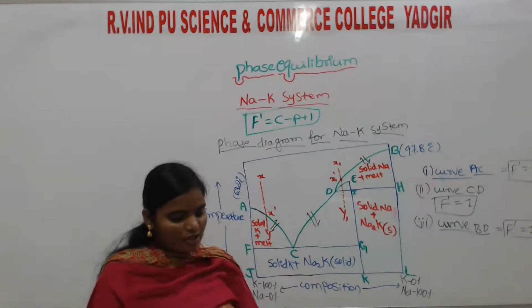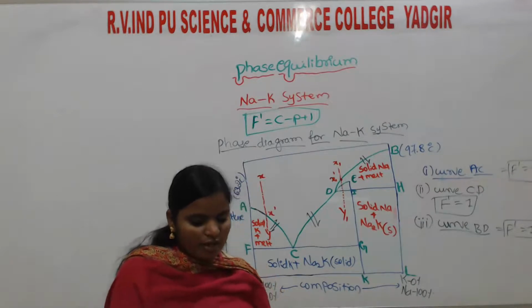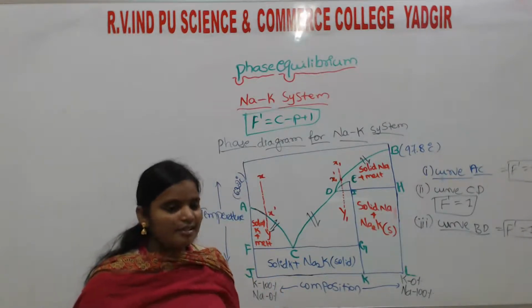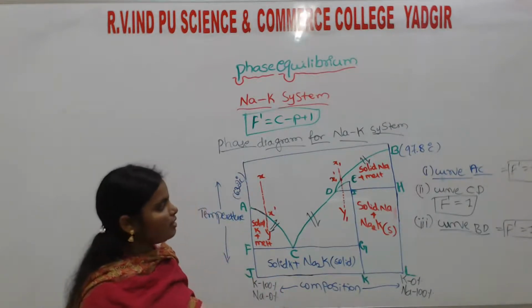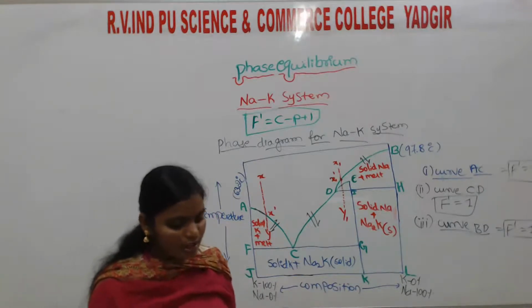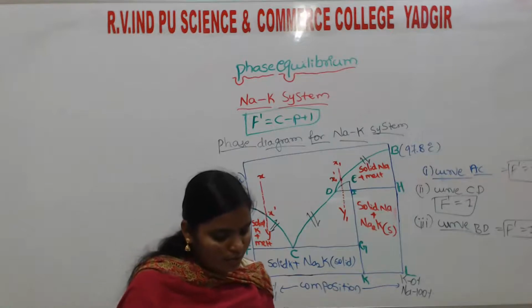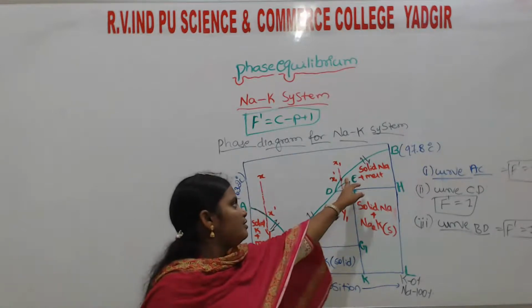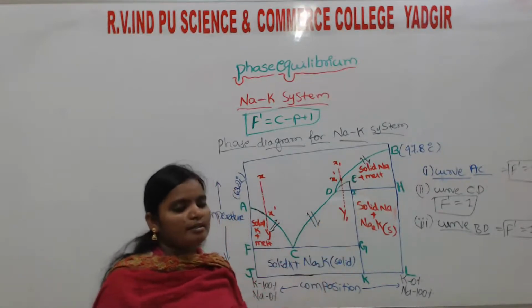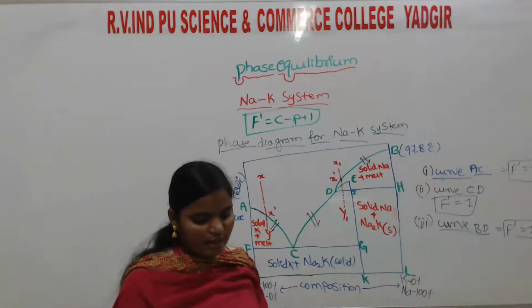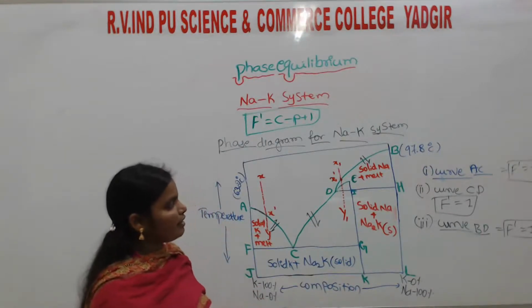The x1 dash c path is followed in the melt because the composition changes. There is no change in composition up to reaching this point, and it remains melt till the point x1 dash.